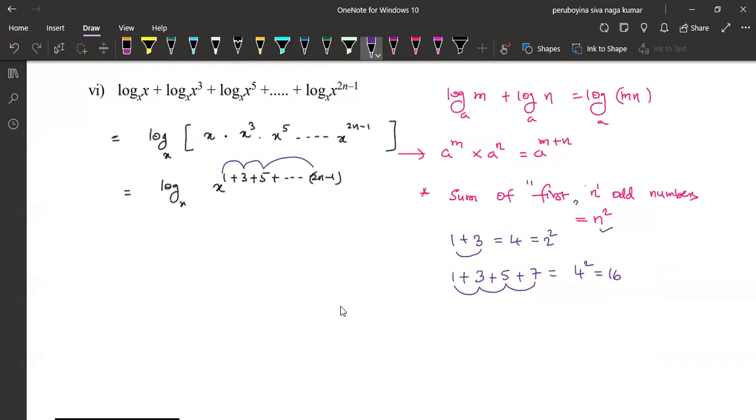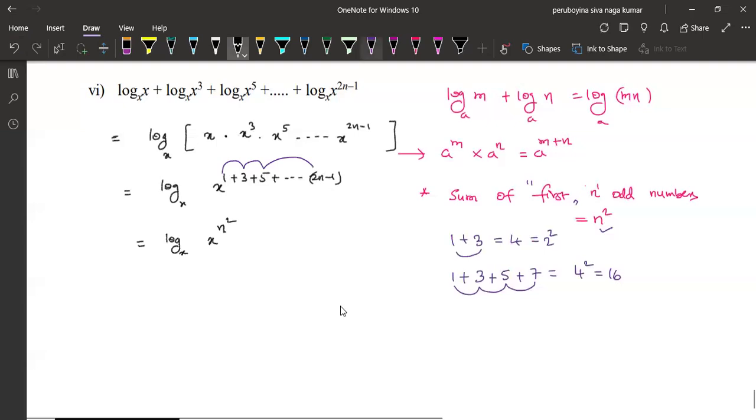So how many are they in total? They are n odd numbers. So therefore the sum of those numbers will be n square.